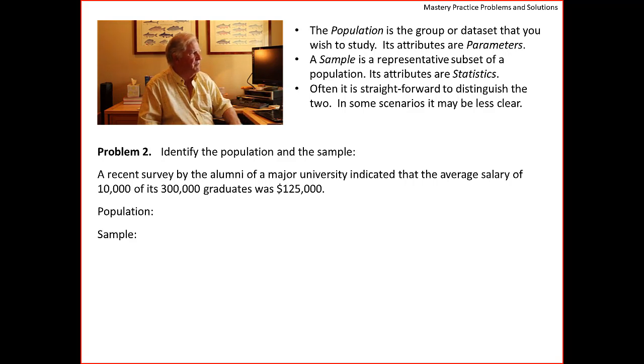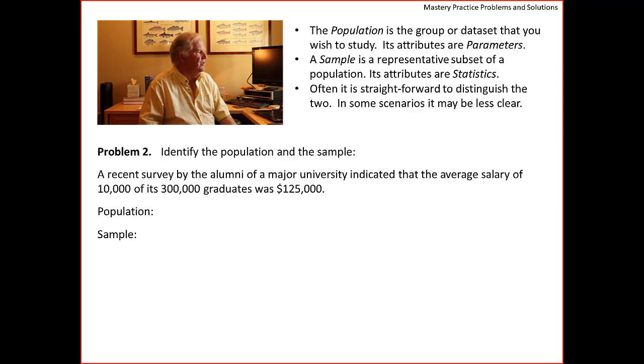A recent survey by the alumni of a major university indicated the average salary of 10,000. There's the sample: 10,000 of its graduates were surveyed. They're the sample. The question is, what's the population? The population is not so terribly clear. It could be the 300,000 graduates made reference to here.